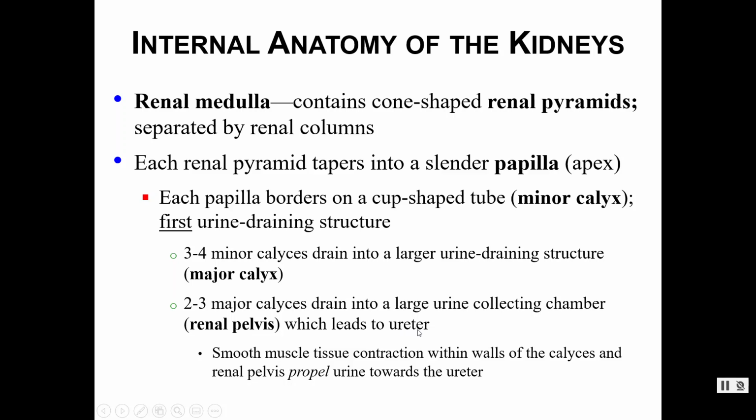This is how urine leaves your kidneys and gets into your ureters. You do have a little bit of smooth muscle that contracts within the calyces and the pelvis. All of that helps propel the urine towards the ureters, good old peristalsis that you're already familiar with.